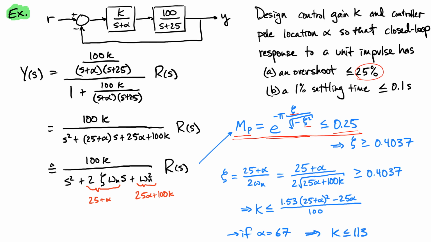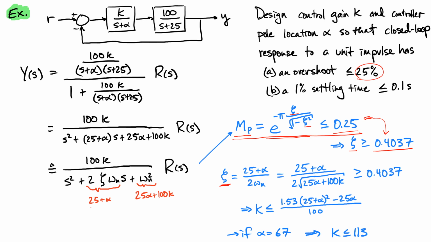So then we can calculate a damping ratio constraint, and we get from this inequality up here the fact that this damping ratio should be greater than 0.4037. And so now what we can do is try to evaluate what the zeta value is in terms of what we have in these different terms.